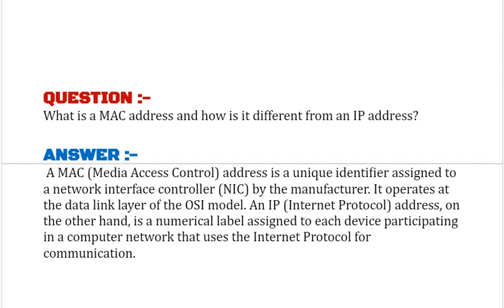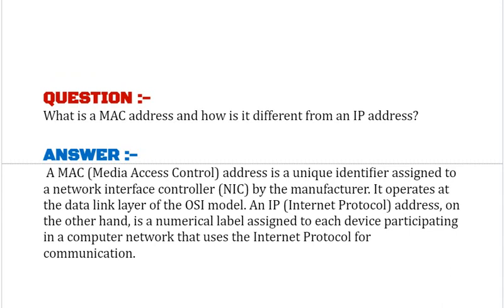Our next interview question is: what is a MAC address and how is it different from an IP address? Your answer should be: a MAC, that is Media Access Control address, is a unique identifier assigned to a Network Interface Controller (NIC) by the manufacturer.